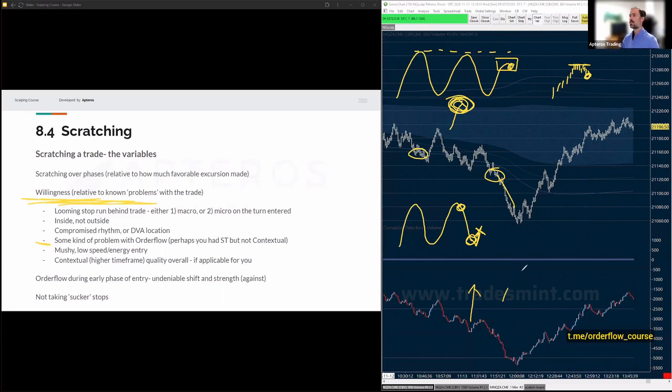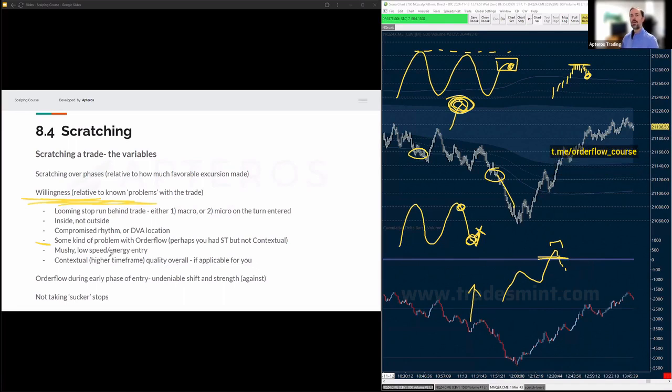It was a move that looked like this. Here's delta neutral. It came up just through it, and then there was the turn. I was saying, if I'm going to hang on to this short during the early phase prior to favorable excursion, I'm going to need to see sellers take the baton and get us through delta neutral for me to continue to feel good about that trade. Otherwise, my willingness to scratch is higher because I have that problem potentially.